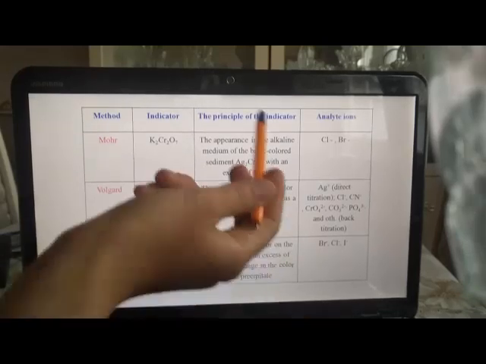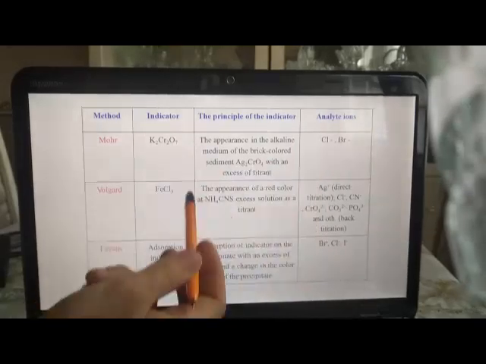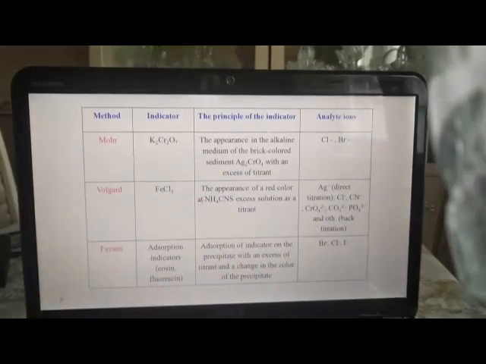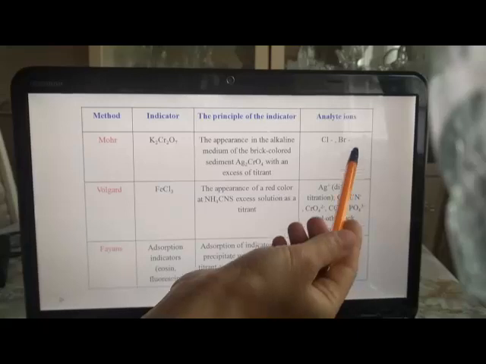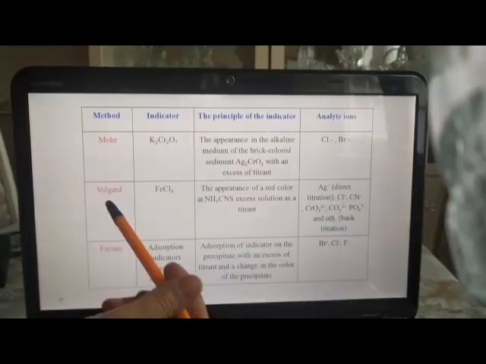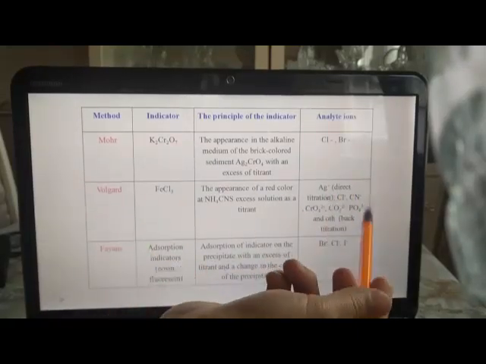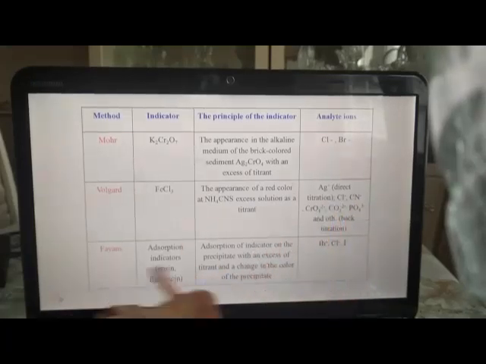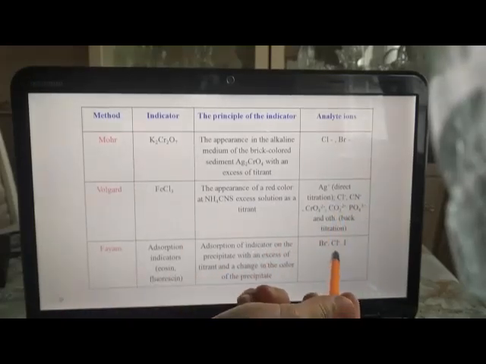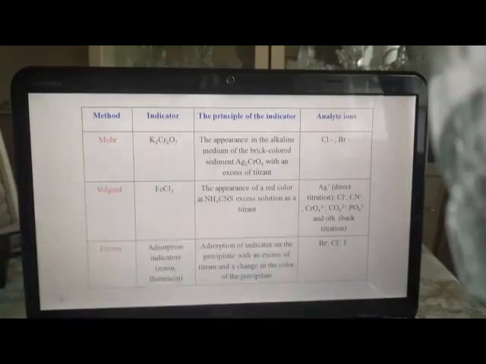And in the table we can see the principle of these indicators and the color they form with the titrant solution, and analyte ions. For example, in the Mohr method we analyze chlorides, bromides. In the Volhard method, silver ions, chlorides, cyanides, chromates. In the Fajans-Khodakov method, bromide, chloride and iodides are determined.